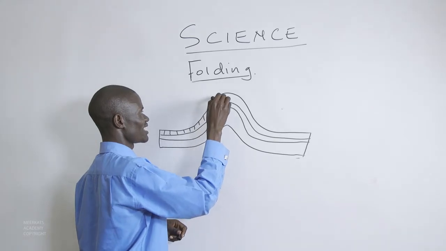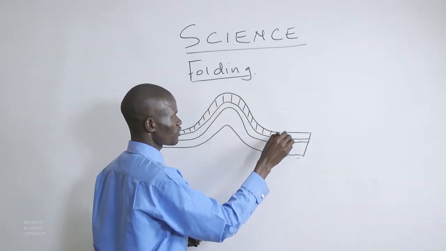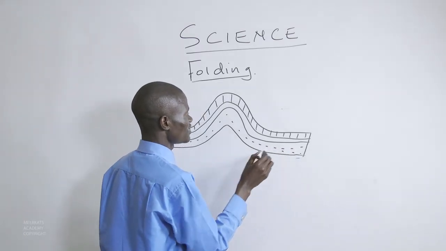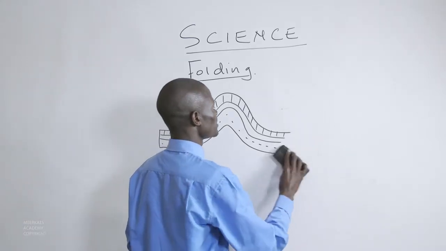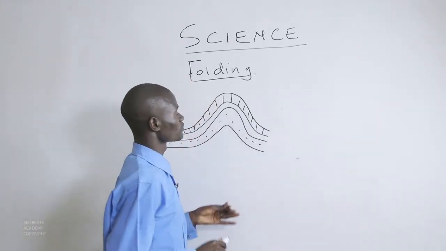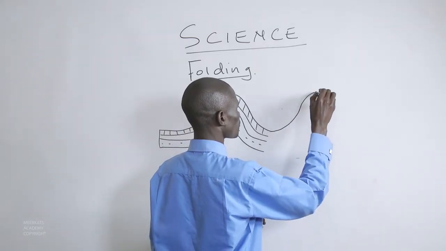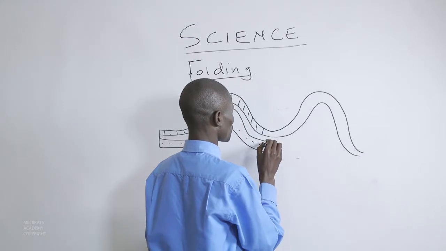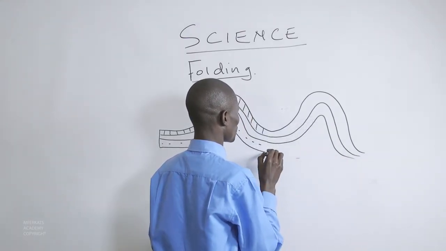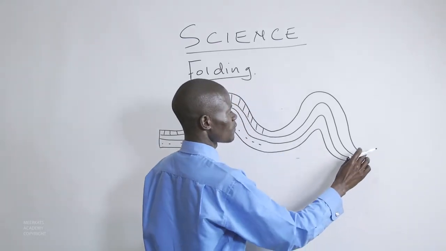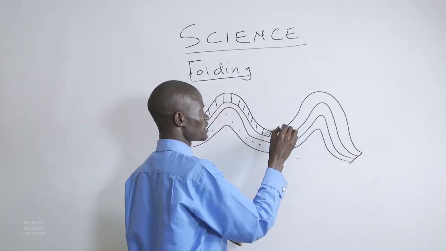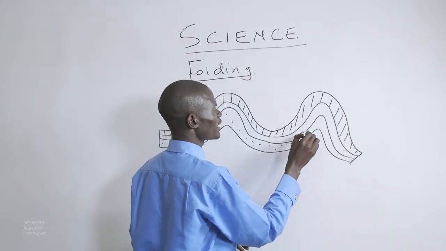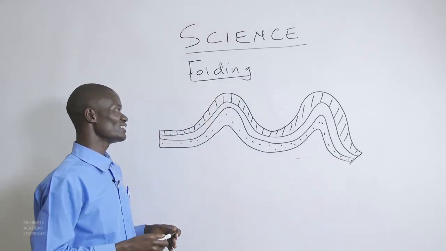When these crustal rocks are subjected to compressional forces, they will make an upward and a downward fold that will result in the formation of landforms that will bend or crumble downwards and upward, producing such a feature.